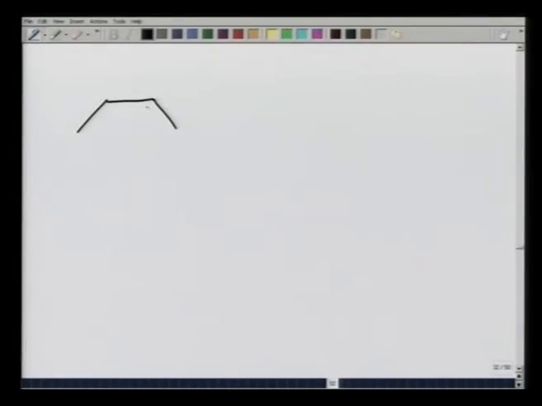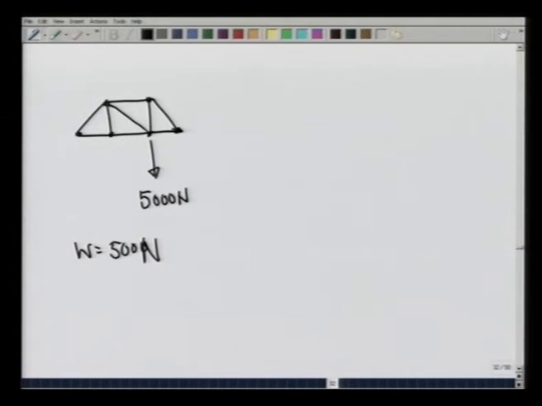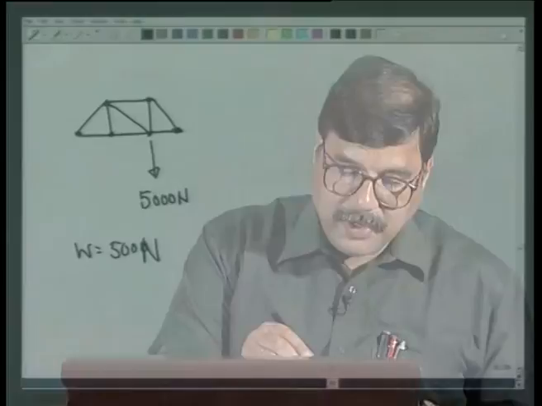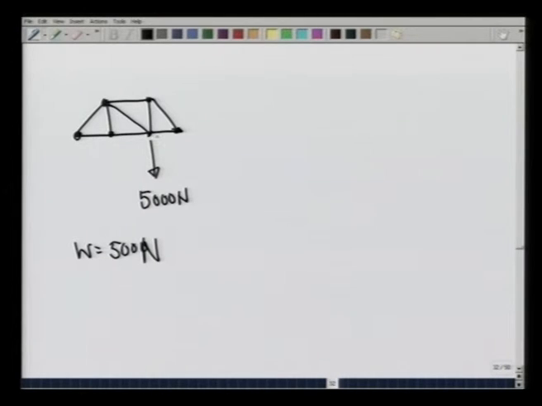Next question is, what happens if each of these members in addition to this load had a weight themselves? So, here is a load of 5000 newtons. If each member, let us say, had a weight of 500 newtons, in that case, as I remarked earlier, what we would do is divide this weight equally at each point.